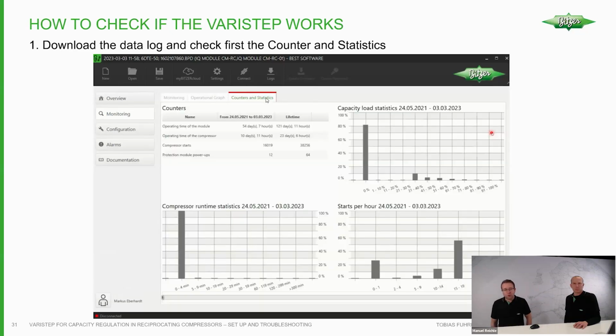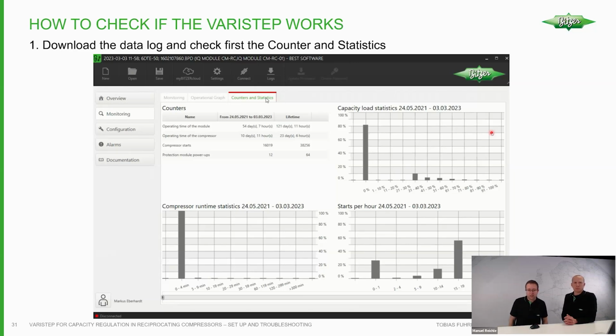And if you open the counter and statistics area of the BEST software, and you see a compressor that is looking like this one, for example, in this case, the compressor running statistics show that the compressor was running in average 0 to 4 minutes. So it was starting, running maximum 4 minutes, in average something like two minutes. And then it stopped again.